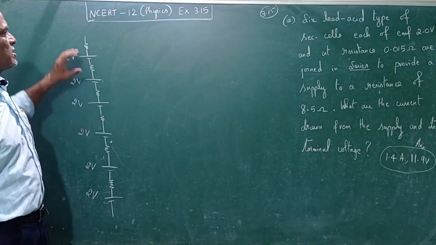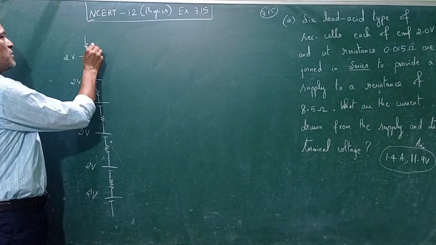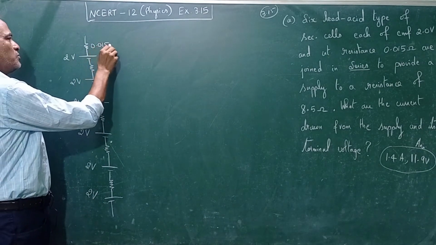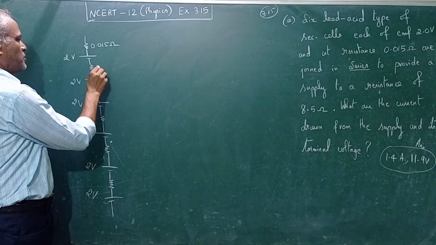And the internal resistance of each secondary cell is 0.015 ohms. So this is 0.015 ohms, and all are 0.015 ohms.